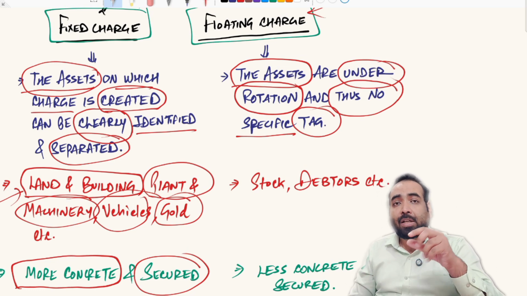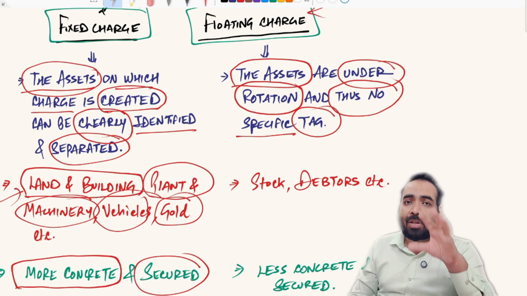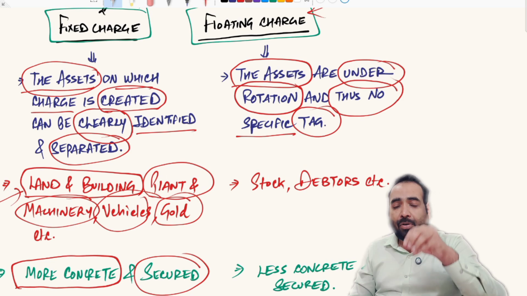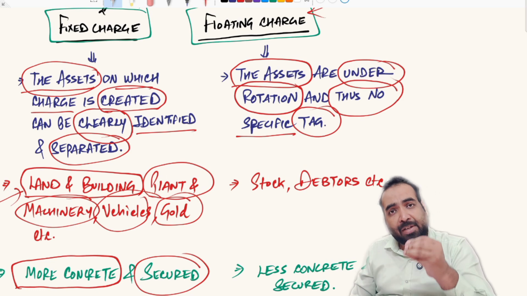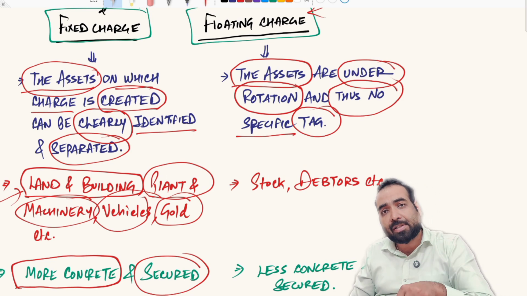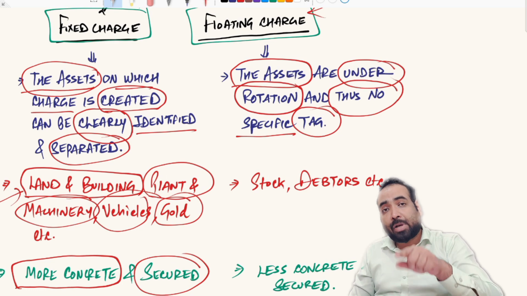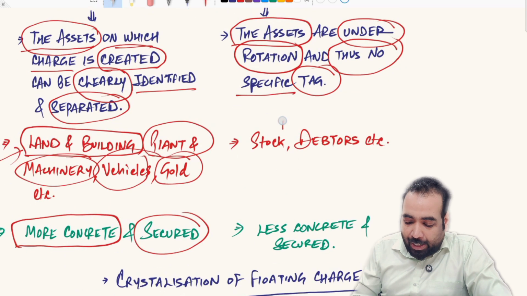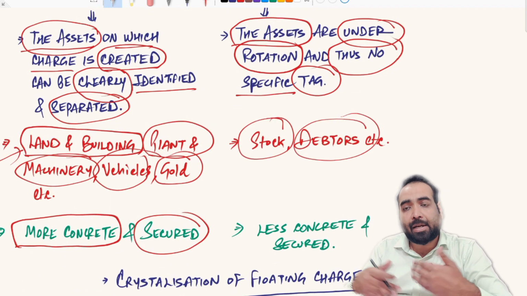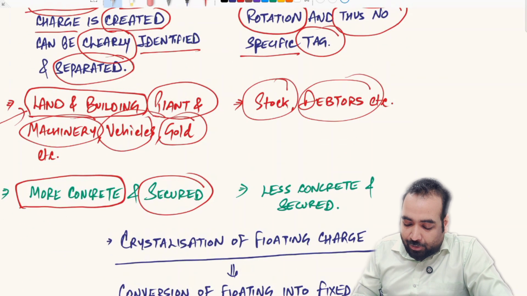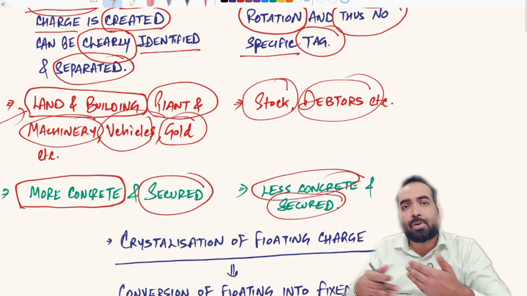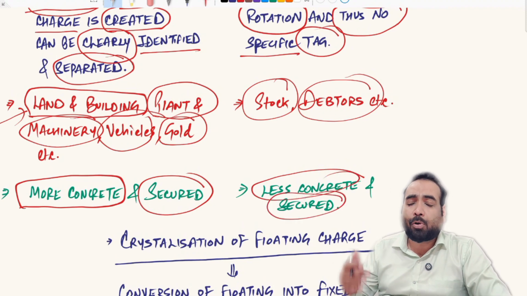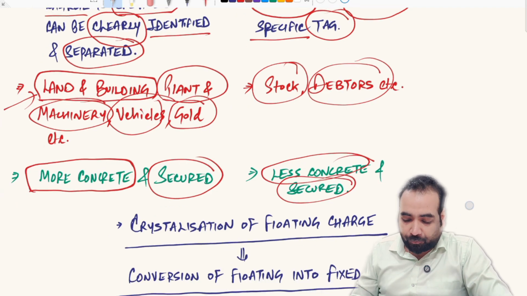So your charge remains on the stock, but you have not fixed that only these t-shirts belong to me and you cannot use these t-shirts, since they are given as security to me. Stock and debtors keep on coming and going. So this is less concrete and secured, because you don't have control over the asset. The borrower keeps on using that asset the way he likes.